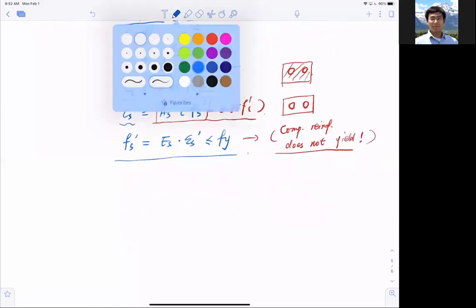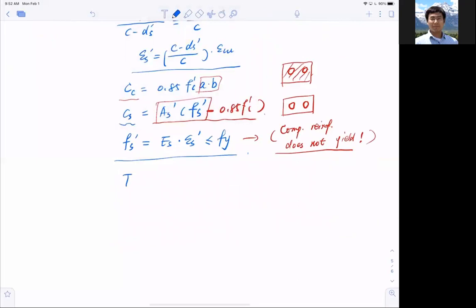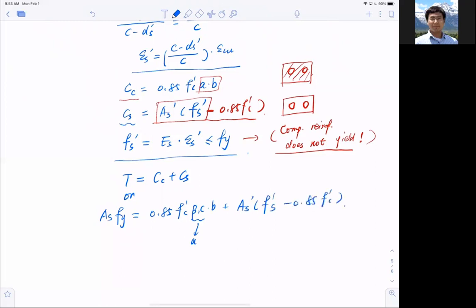And then last but not least, the total tension force has to equal the compression force from the concrete plus the compression force from the steel. To write it explicitly, As Fy, which is still the tension side, equals 0.85 f prime c beta 1 c b, or a b, it's the same thing, plus As prime Fs prime minus 0.85 f prime c, from the compression side.